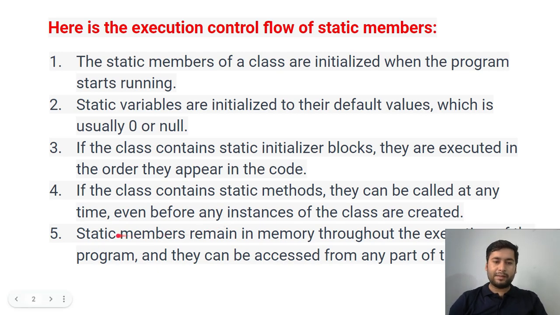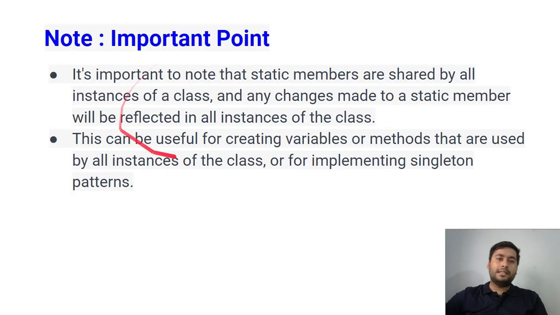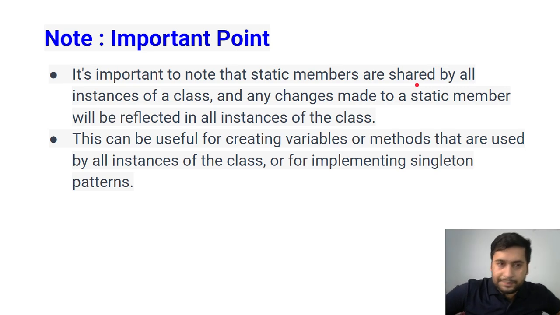Static members remain in memory throughout the execution of the program, and they can be accessed from any part of the program. It's important to note that static members are shared by all instances of the class. For example, I have created two instances as of now.